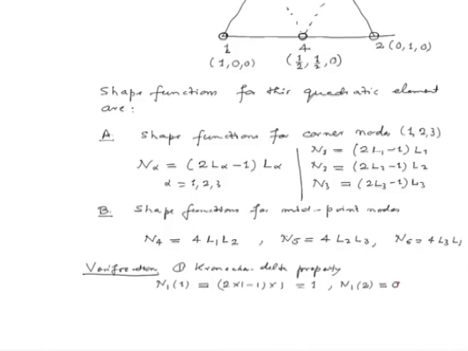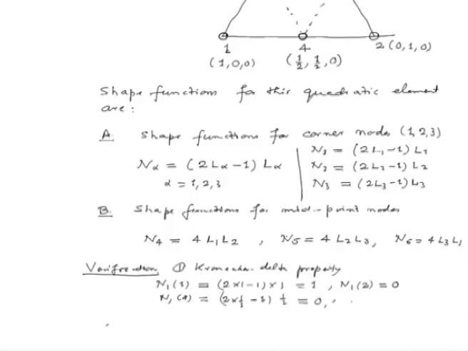At node 4, n1 will be 2 into half minus 1 into half, so that is again 0. So, we can verify it for each node. All the shape functions do satisfy the Kronecker delta property.